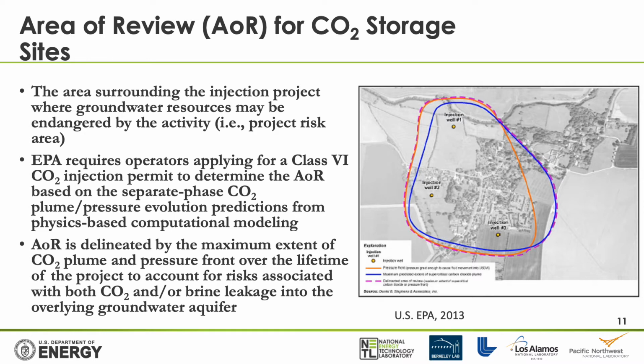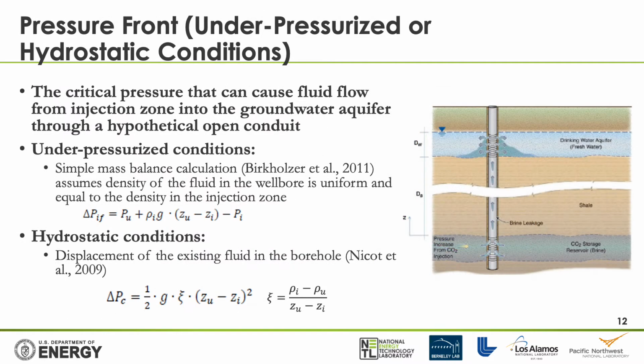The area of review is delineated by the maximum extent of the CO2 plume and pressure front over the lifetime of the project to account for risks associated with both CO2 and/or brine leakage into the overlying groundwater aquifer.